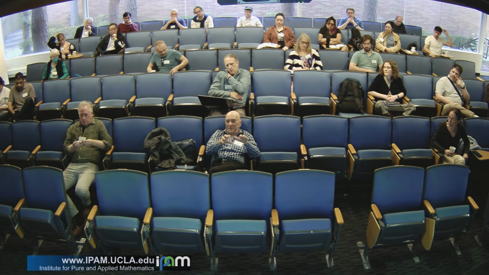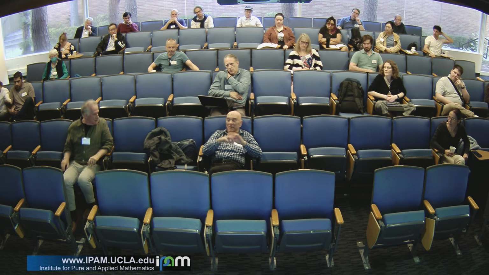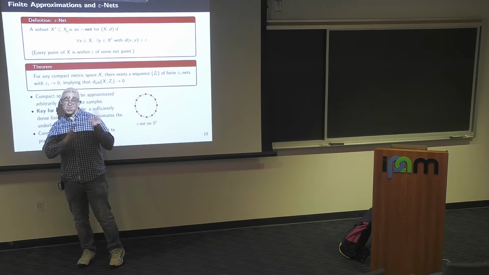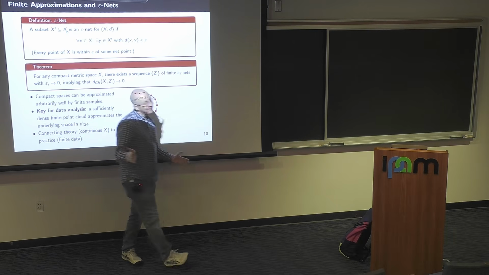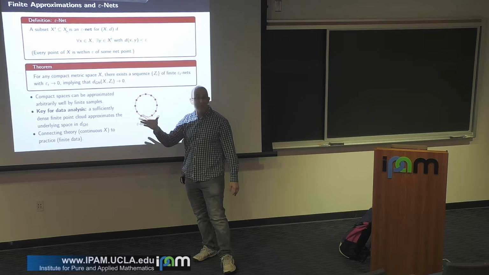Yes? So just to gauge, so this says there exists something, but you're not imposing for now any kind of probabilistic thing. No. You have a random process with some high probability. Yes, so this is a good point. So what I'm talking about right now, what we all have in mind, I think whether you know it or not, is that these finite samples were drawn from some measure.